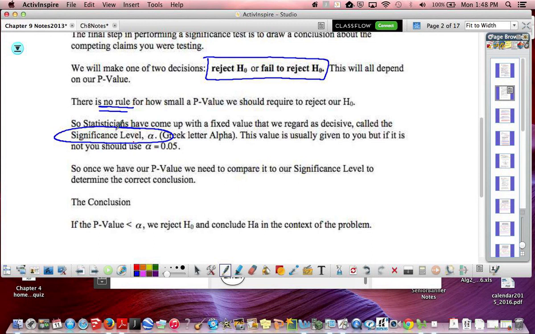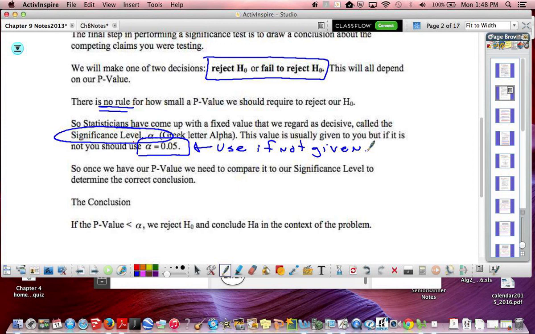Many times it will be given to you. If it's not given, we use 5%. So if our p-value is less than 0.05, that's our line in the sand, where we decide whether to reject or fail to reject.